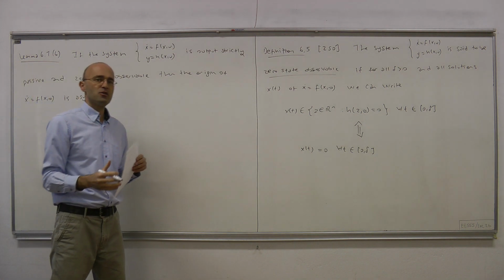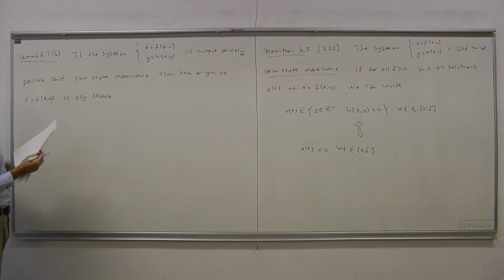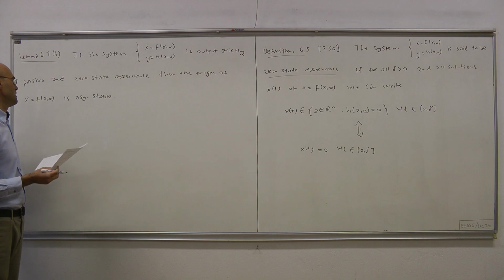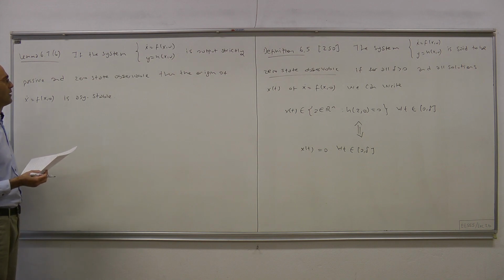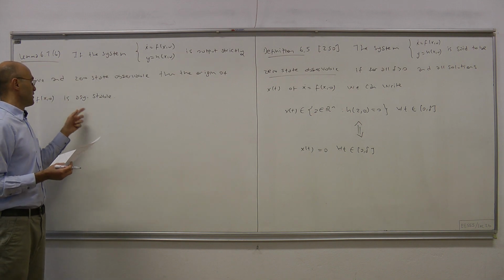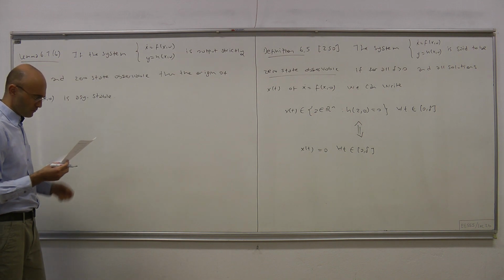And as was the case with lemma 6.7a, if we further have radial unboundedness of the storage function, then we have global asymptotic stability of the origin.